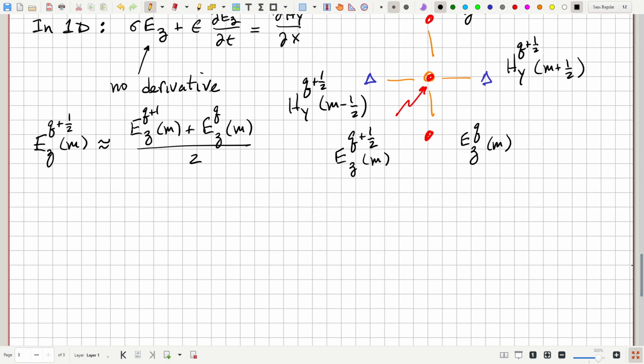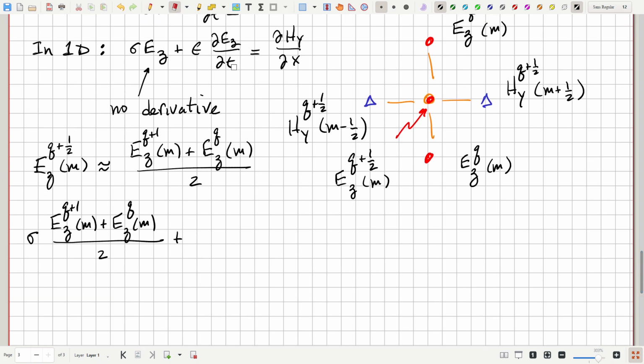Okay, here's what we get then. We'll have sigma times Ez, which we're going to write as this average, (Ez at q plus 1, m plus Ez at q, m) over 2, plus, now we've got the derivative with respect to time of Ez, so we have epsilon times a central difference: Ez at q plus 1, m minus Ez at q, m over the time step delta t.